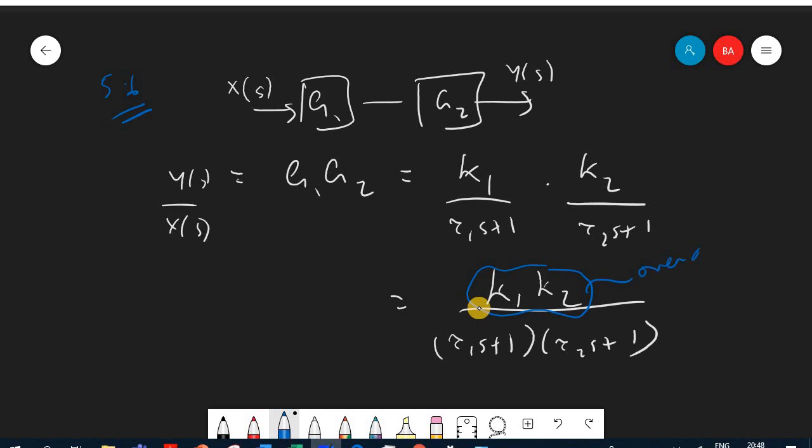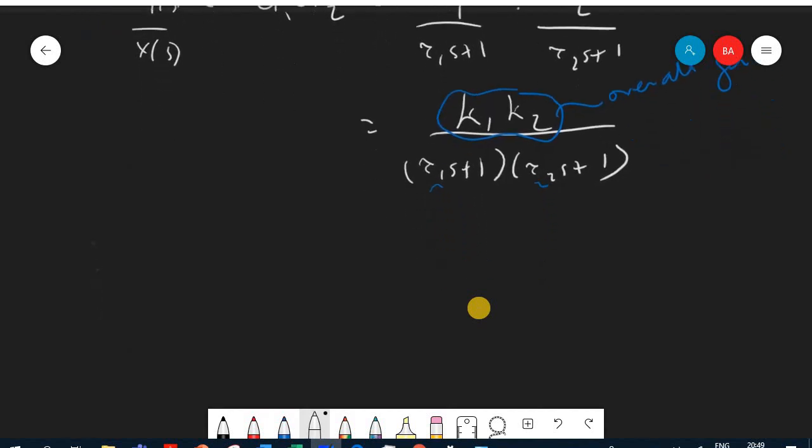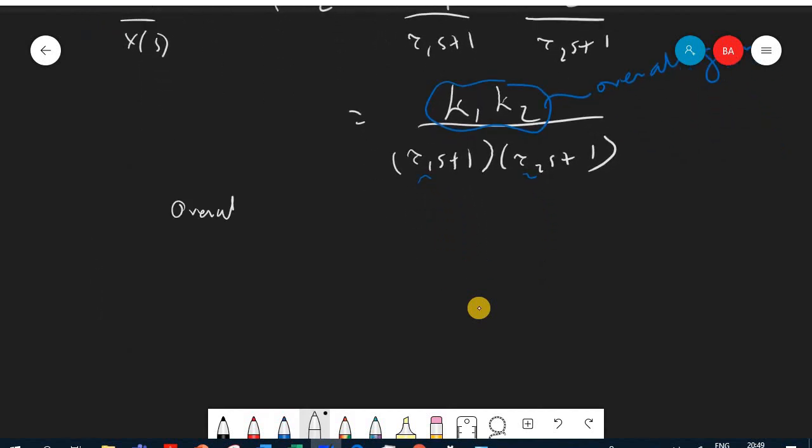So that is the overall gain that we have, and here are tau 1 and tau 2, the time constants. Part A, what is the overall gain? The overall gain is equal to K1 multiplied by K2. Then the second part: the equivalent time is tau 1 plus tau 2.